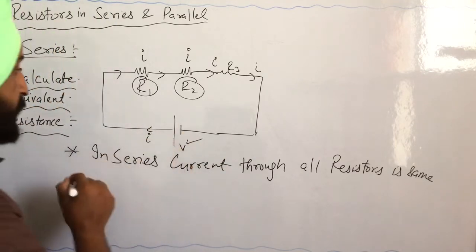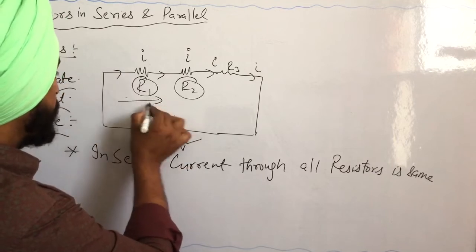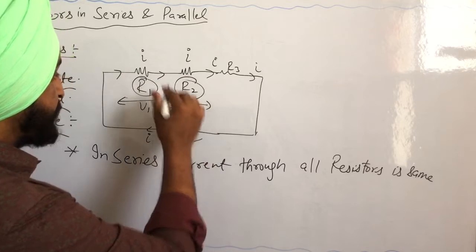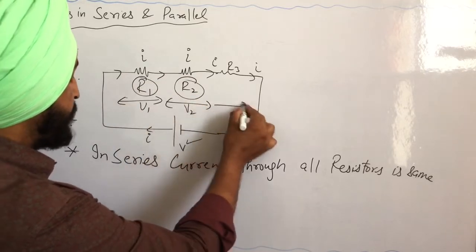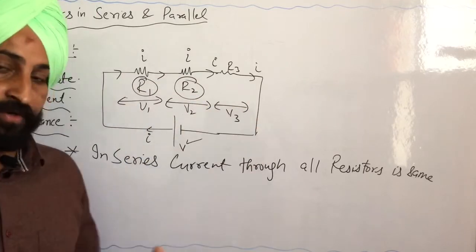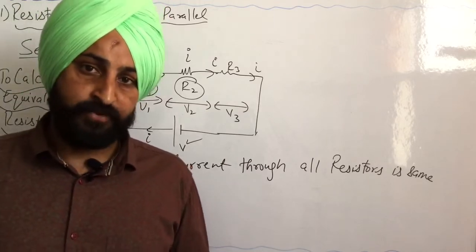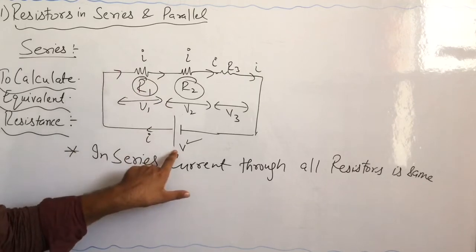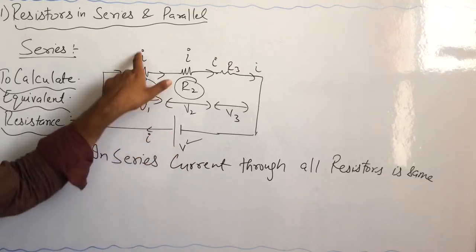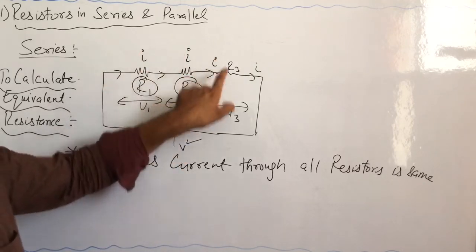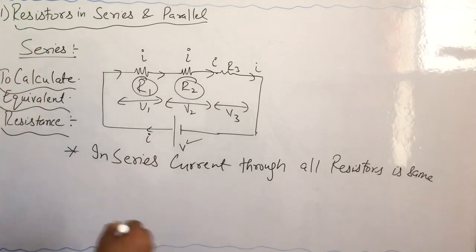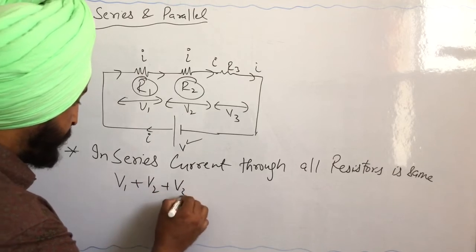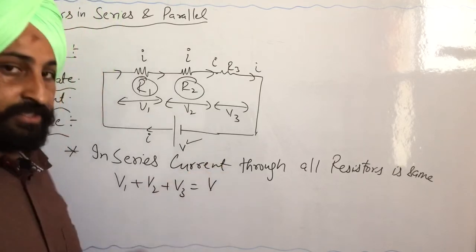This potential will be different on each resistor: let it be V1 on the first resistor, V2 on the second, and V3 on the third. So current is same in series, but potentials are different. Total potential V is equal to V1 plus V2 plus V3, the potential of the battery.